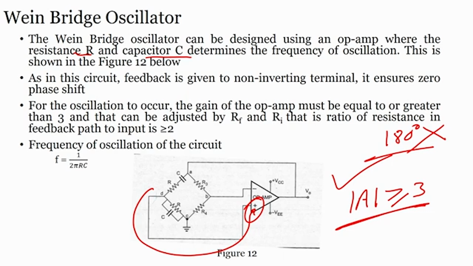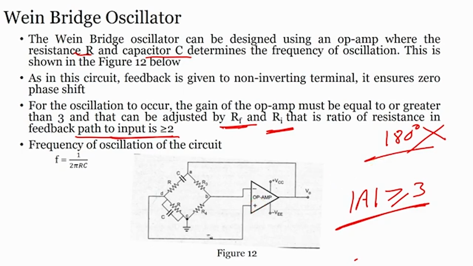This is your RF, this is your RI, because this is the input to the op amp, right. The ratio of the feedback resistance to the input resistance should be greater than or equal to 2. Why greater than or equal to 2?